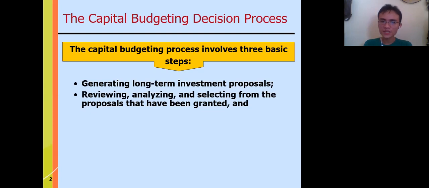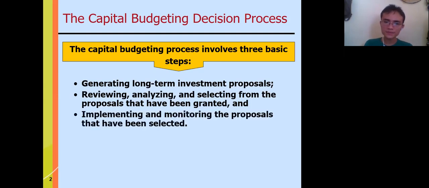And then we need also to select, since we all know that the company has limited resources. So we have to make sure that those investments that would produce the biggest addition to profits or coffers of the business should be given priority or should be implemented first.